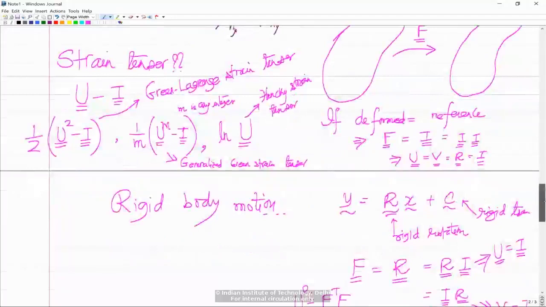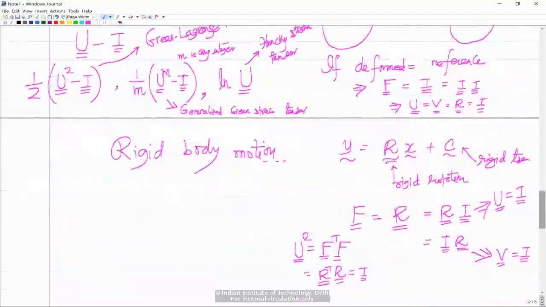And you see that each of these strain tensors has the same eigenvectors as u, because they are formed by powers of u, isn't it? Therefore, each of them has the same eigenvectors as that of u. And it's also quite easy to work out the eigenvalues.